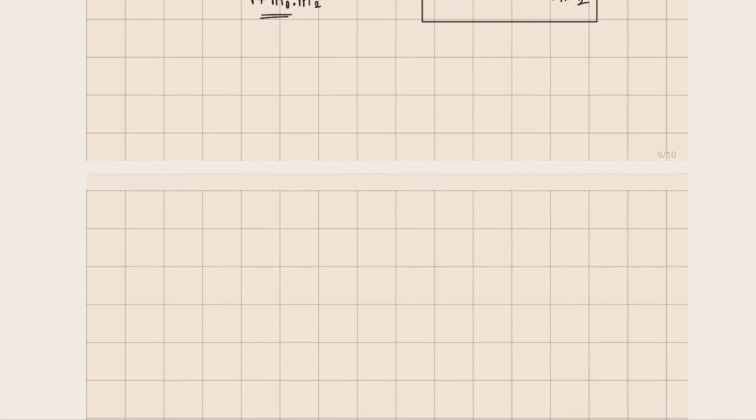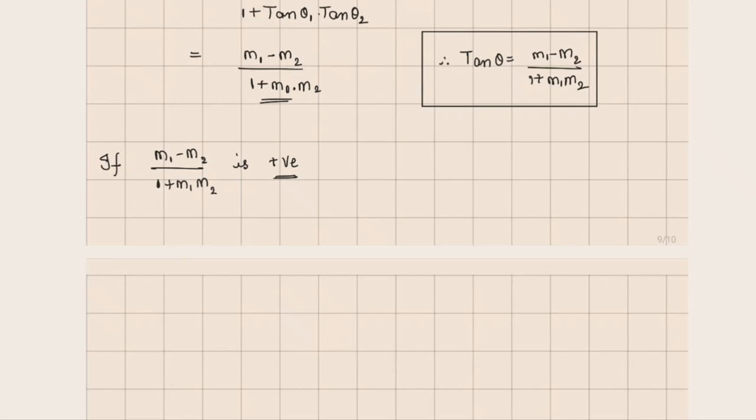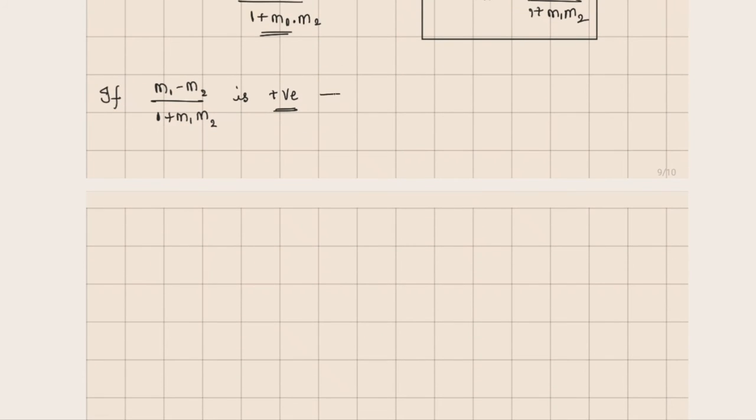Now, if m1 minus m2 by 1 plus m1 into m2 is positive, that means tan theta is positive.